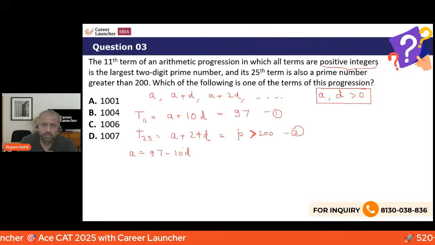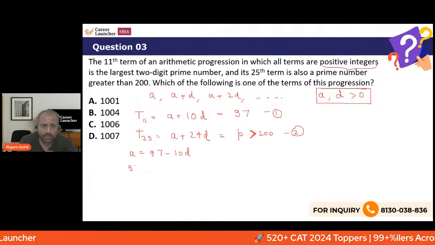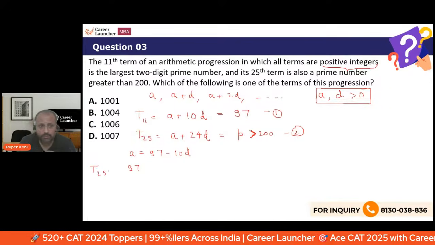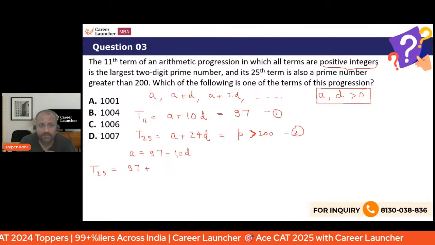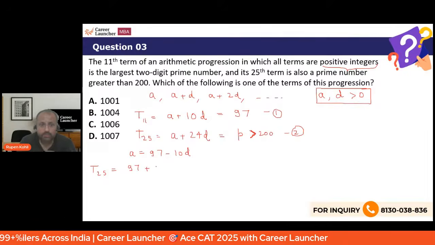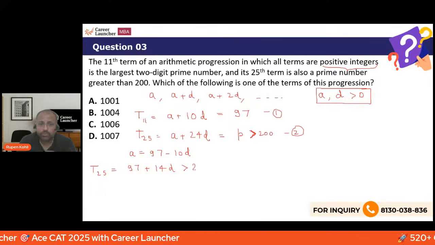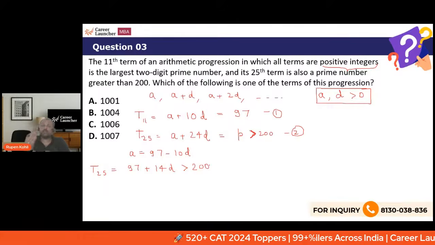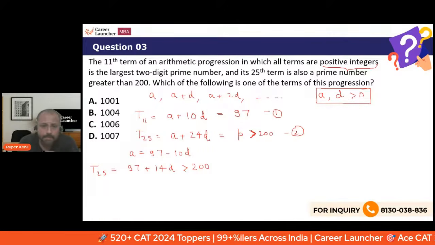So putting this over here, I'm writing now for the second equation. The 25th term becomes 97 minus 10d plus 24d, which is 97 plus 14d. Now this needs to be more than 200.